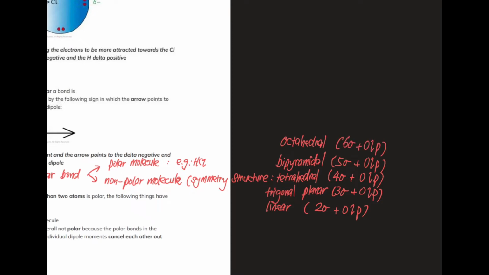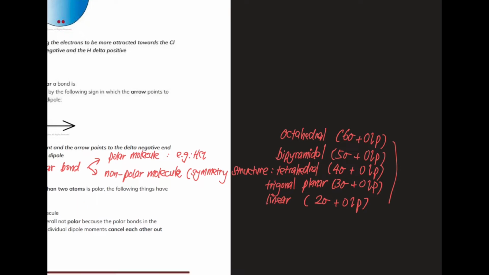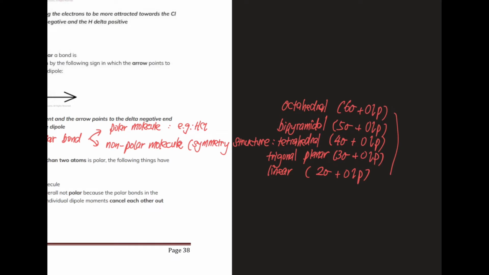All these structures are symmetric. If they are symmetric, at the end they will become non-polar molecules, basically because the dipole moments are cancelled off. So let's start with the easier one, linear.